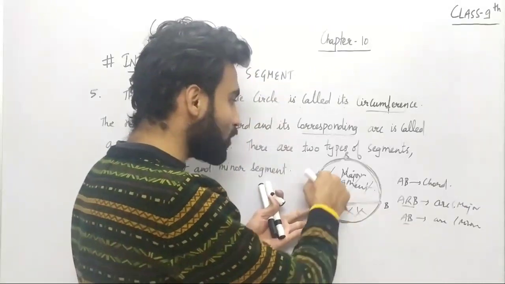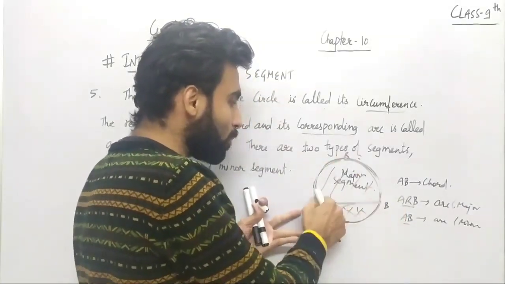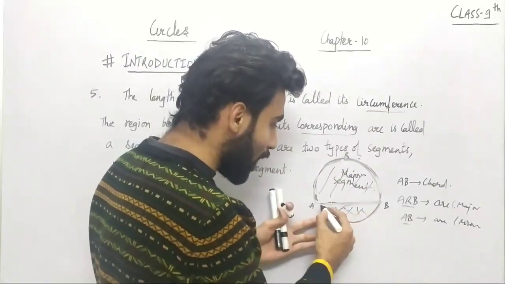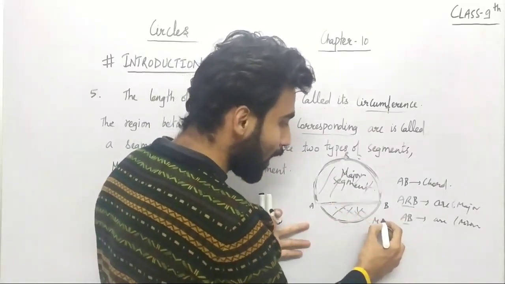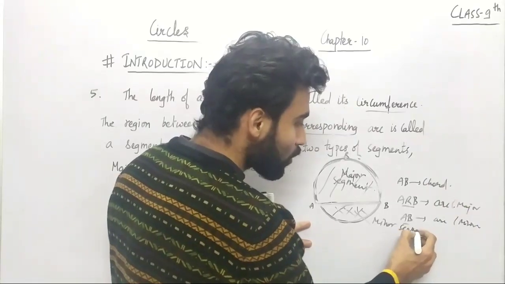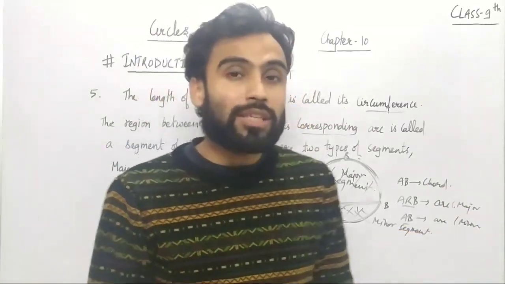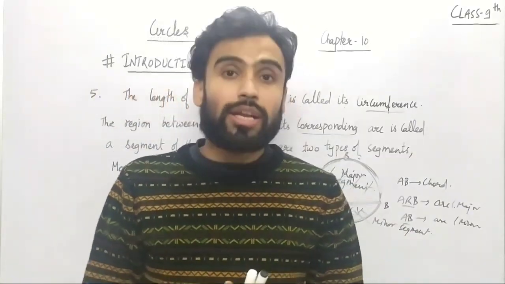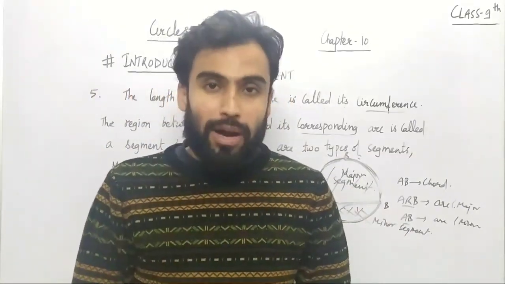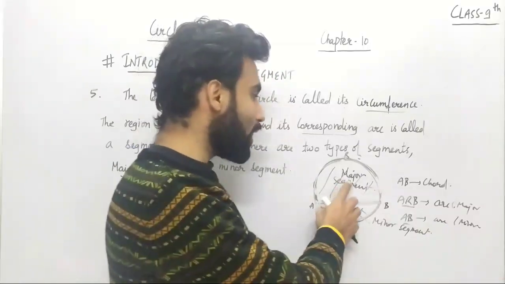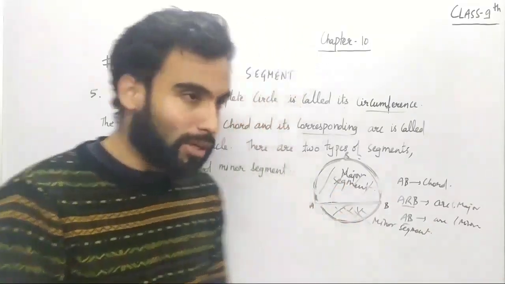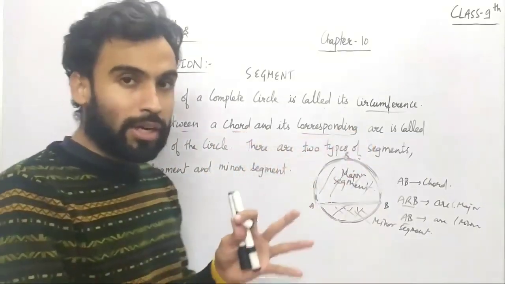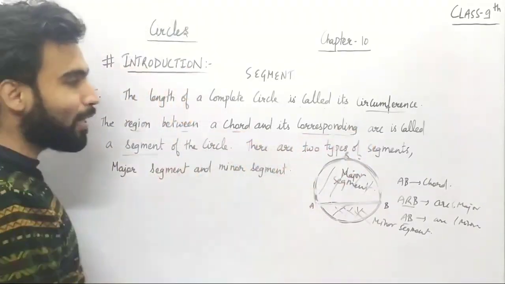You can see if I talk about the major arc, so the chord is making what with this major arc, major segment. Then you can see the chord is making what with the minor arc, minor segment, right? So actually the chord divides the circle in correspondence with the arc into two parts. You can see, one is major segment and the other one is minor segment. So you can see clearly the region between a chord and its corresponding arc is called the segment of a circle.